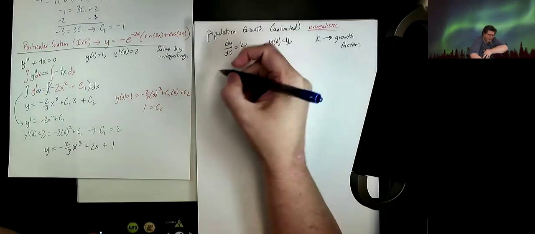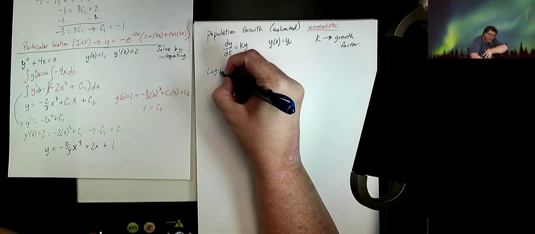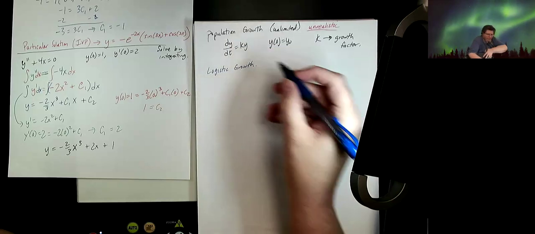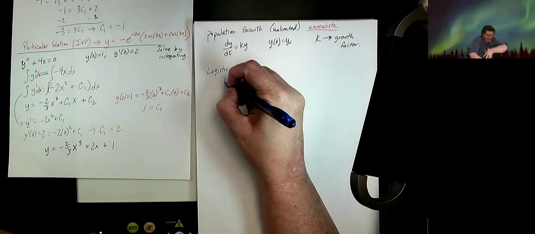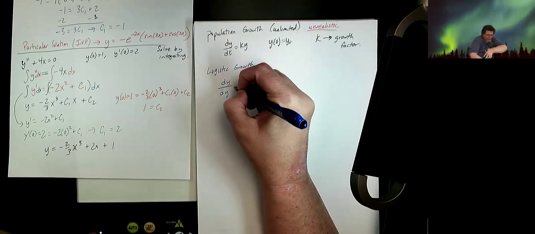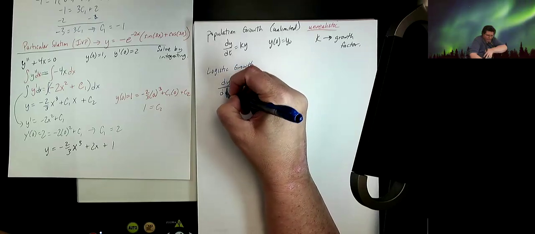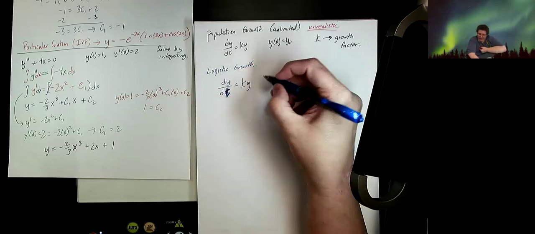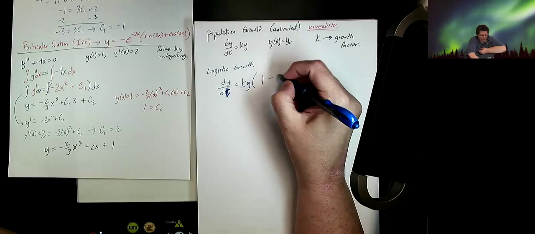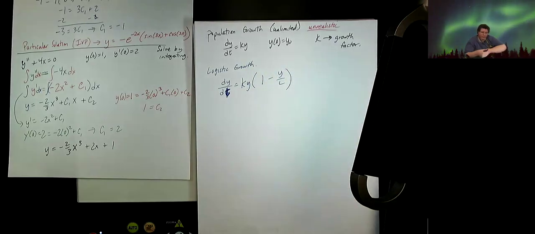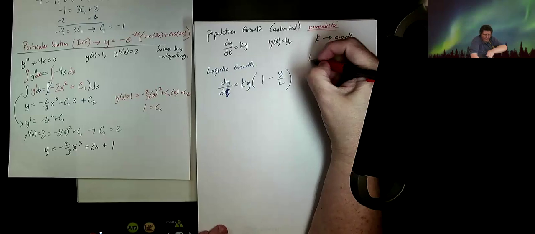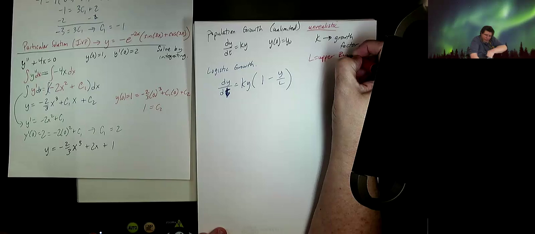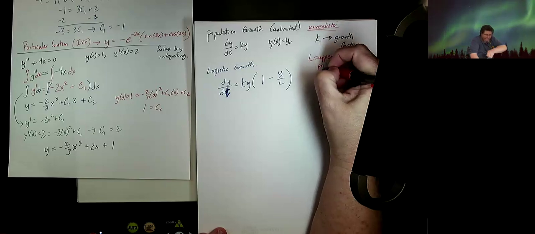A better one is the logistic growth model. And it comes in two flavors. They both have dy/dt equals ky, times 1 minus y over L, where L is an upper bound or population cap.